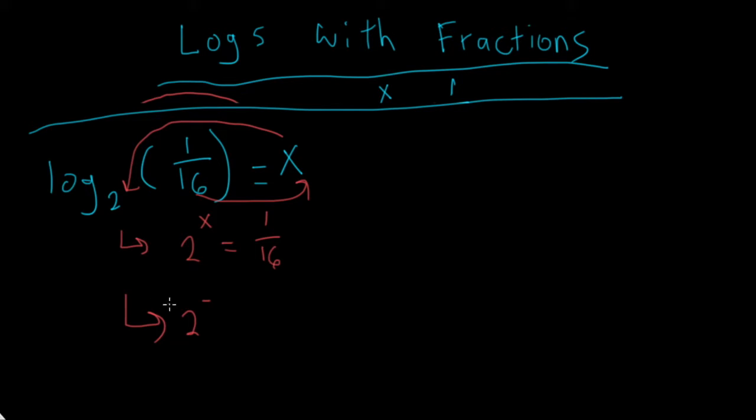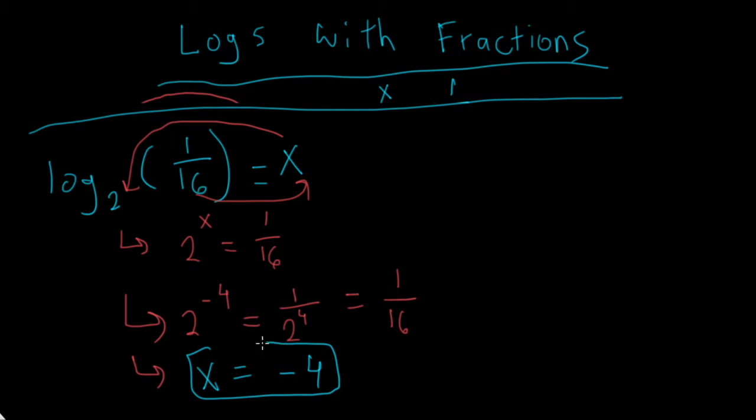It's going to be 2 to the negative 4th power, and that gives us 1 over 2 to the 4th power, and 2 to the 4th power is 16, so 1 over 16. So that means that x has to equal -4, because in order to get from 2 to the x to 1 over 16, x would have to be -4.